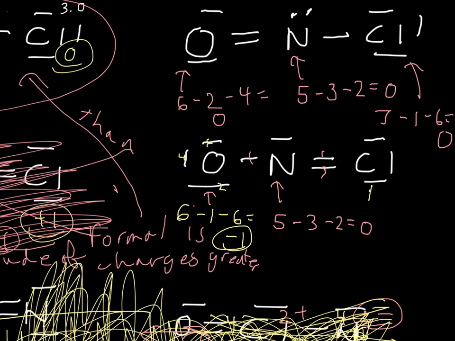My chlorine over here has 7 valence electrons because it's in group 7A. It's participating in 2 bonds, and it has 2, 4 lone electrons. Don't be fooled. Remember, that's an L. L for chlorine, not a lone pair of electrons.